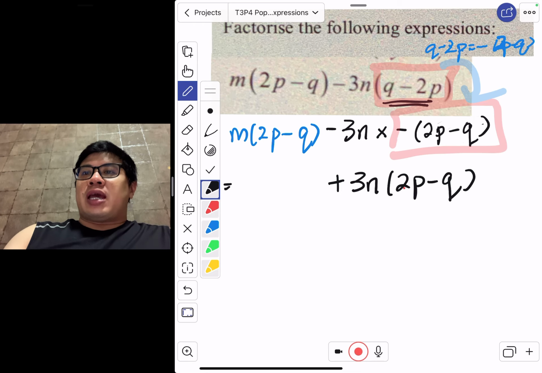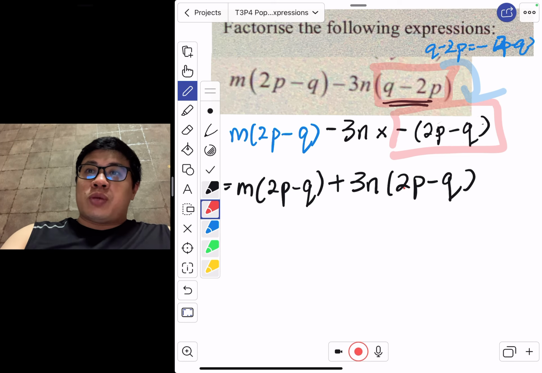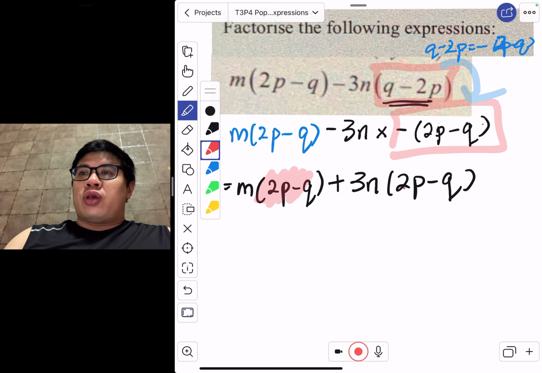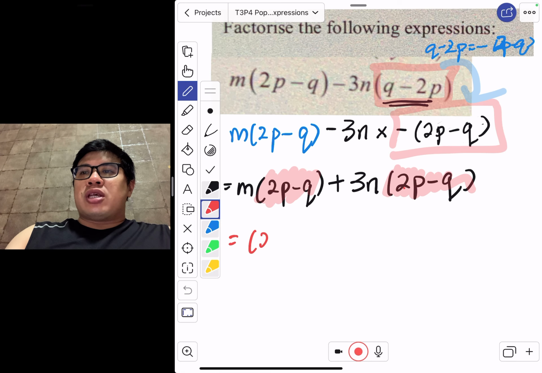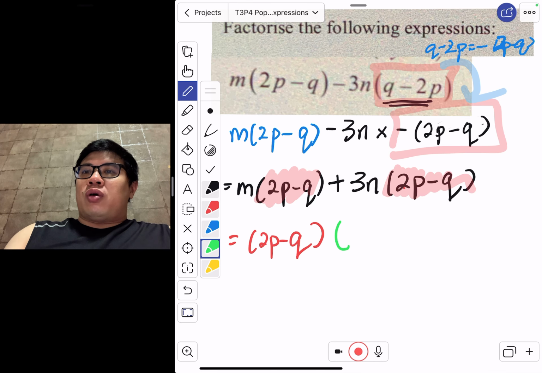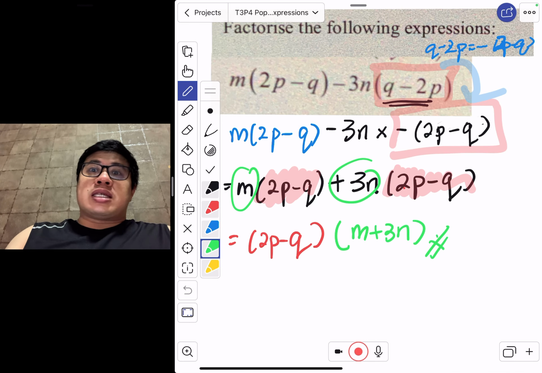And on my left-hand side is m times 2p minus q. Once I write it in this form, you can see that it becomes quite an easy question where you now recognize the common factor between the two. So again, I remove 2p minus q from both sides, and I write out m plus 3n. This is what I'm left with, and this is the answer.